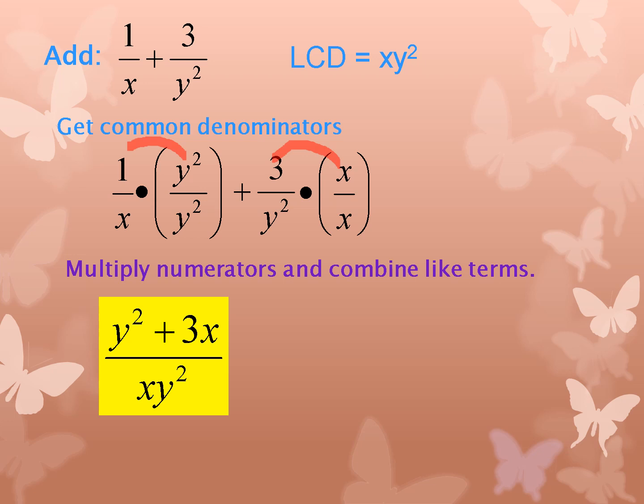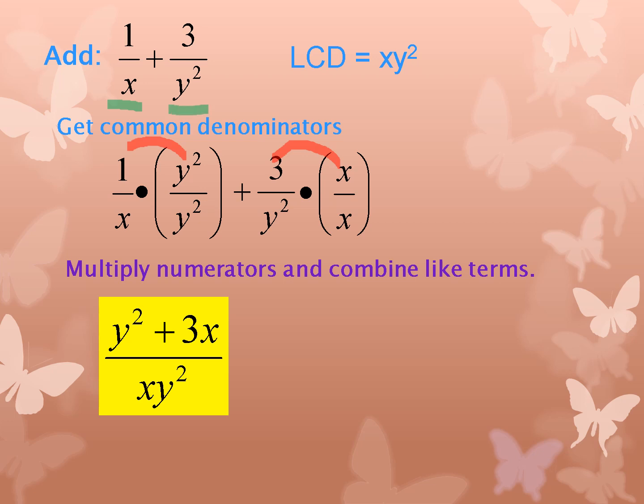Now, we don't get away that easily. We still have to talk about domain restrictions and variable restrictions, kind of the same thing. So let's talk about our variable restrictions. Right here, we know x can't be 0 because we can't have 1 over 0.